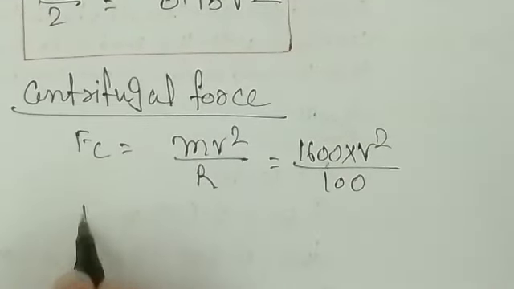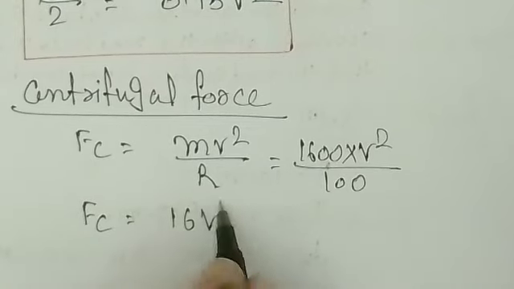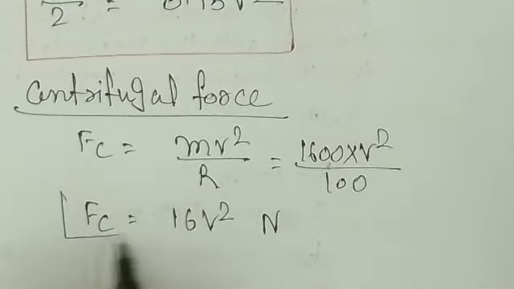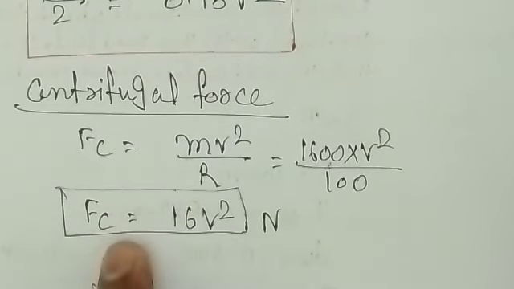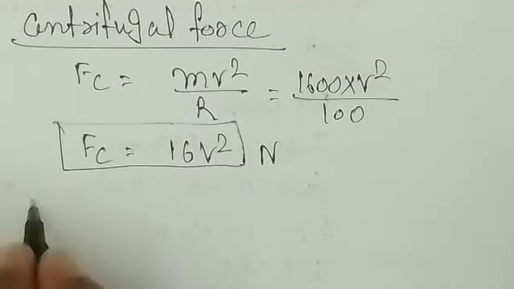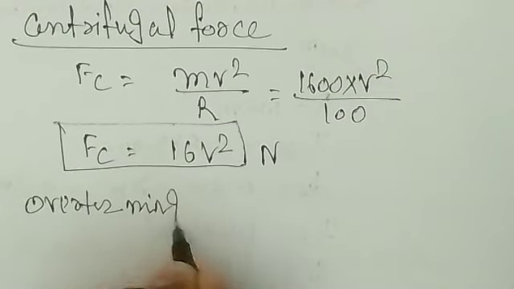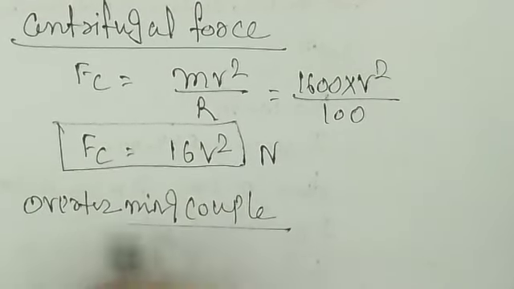So centrifugal force you got, that is Fc is equal to 16 V square Newton, right? Due to this centrifugal force, the overturning couple will act, which we call C naught, right? So now you need to find out the overturning couple, right? So overturning couple is what?